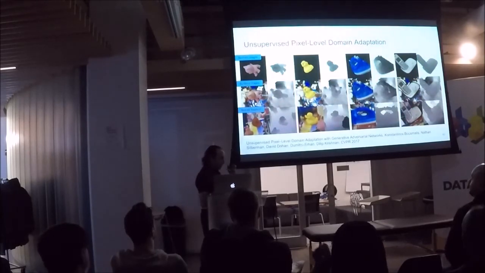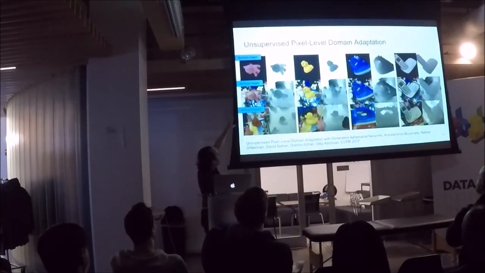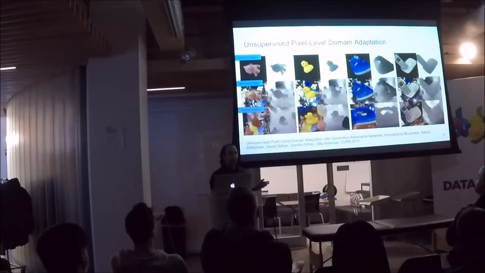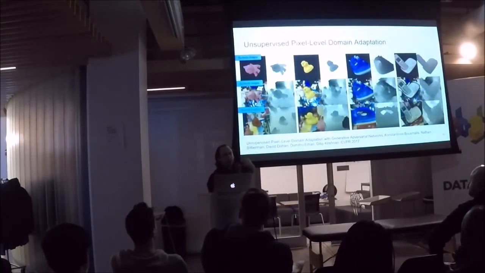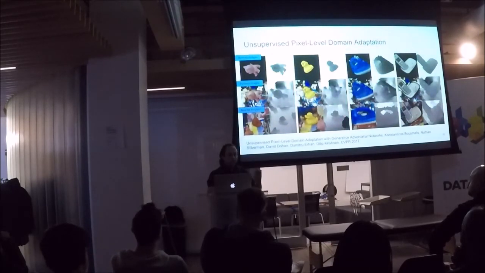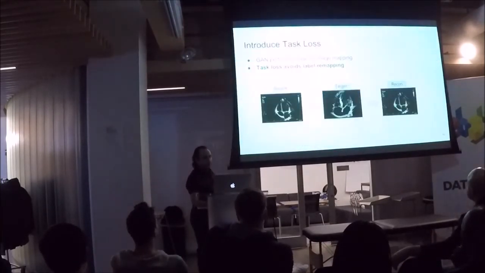But the domain that we really cared about is objects in a very cluttered tabletop setting. So we wanted to take these synthetic images and essentially fill in the background to make them look as if they came from a cluttered desktop.